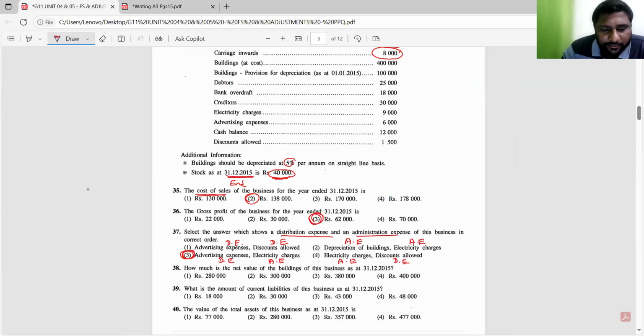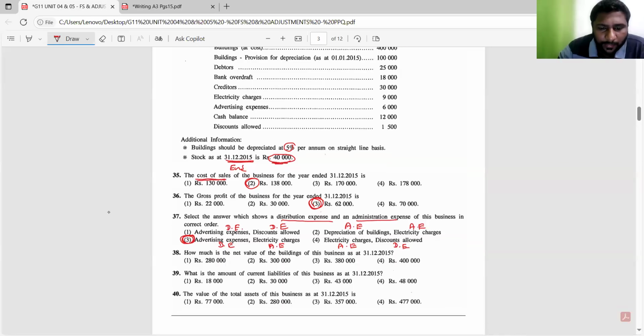Question 38. Next one they are asking, how much is the net value?